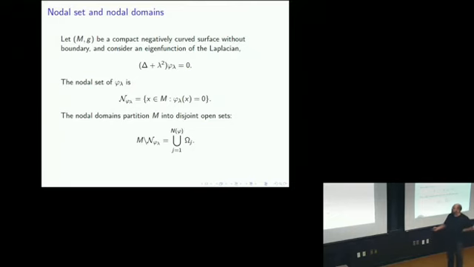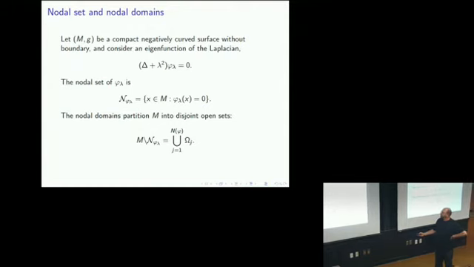If we delete the nodal set from the manifold, it breaks up the manifold into a finite number of nodal domains. The number of nodal domains of the nth eigenfunction, in increasing order of the eigenvalue, is less than or equal to n. So that's the nodal domain decomposition.